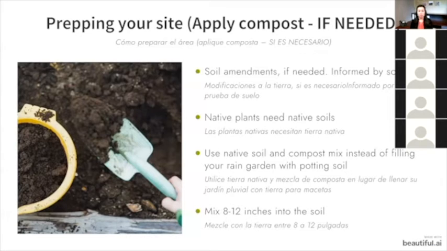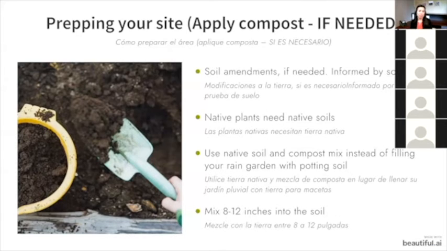But if you're not, then soil amendments might be needed, and you might need some compost. But keep reminding yourself that you don't need to over amend. You don't need to dig out your basin, remove all of that native soil and put in potting soil. We're not removing the native soil. We just need to amend it to have better infiltration.